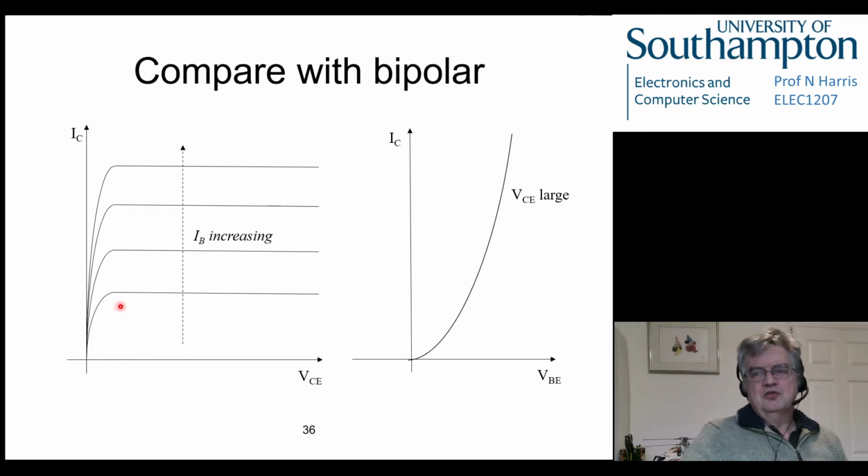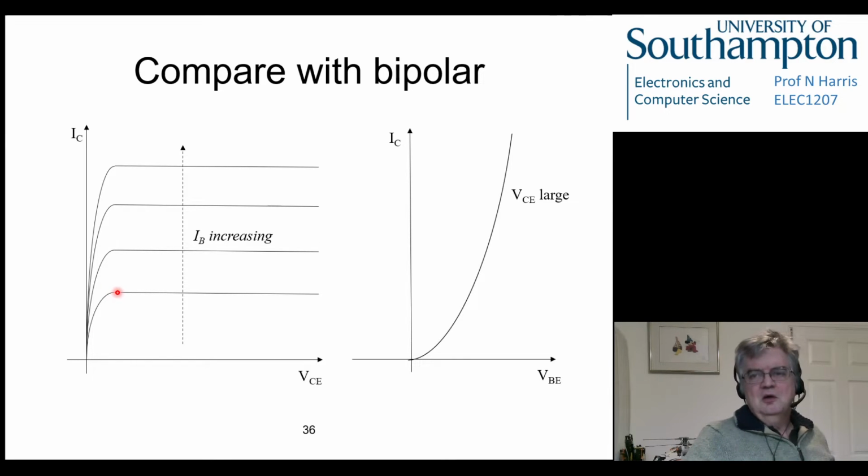The output characteristics look like a very large, wide flat area on the output side, and this region here, which was much sharper, or narrower if you like, in its use.